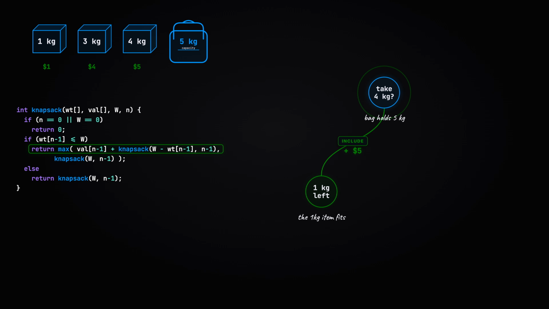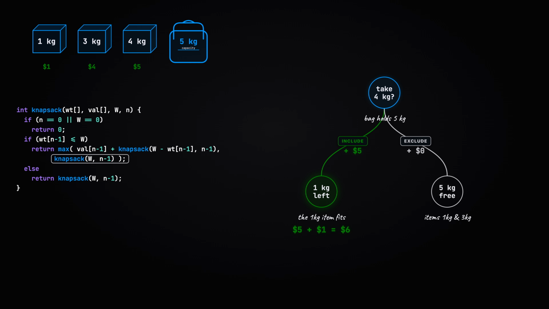Include it, we pocket its $5, and now only 1 kilogram of space is left for the smaller items. Or exclude it. We earn nothing here, but keep all 5 kilograms for the other 2 items. Follow the include branch. With 1 kilogram left, only the 1 kilogram item fits, adding one more dollar. So this path is worth 5 plus 1, which is $6.